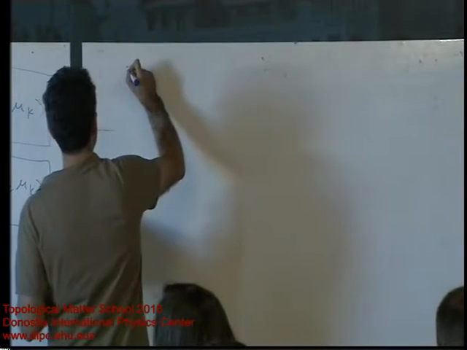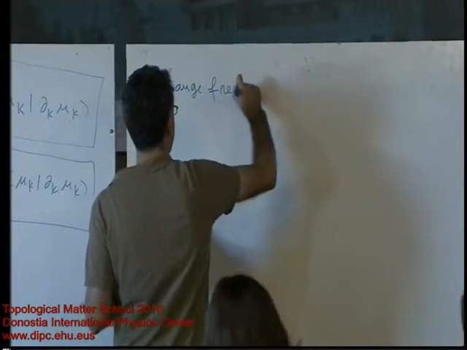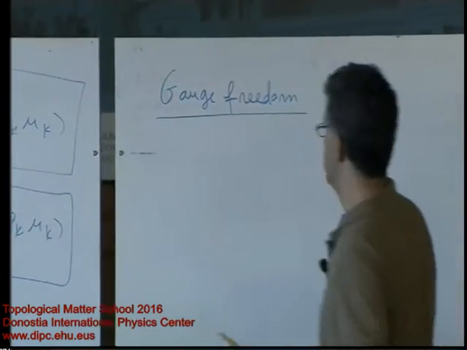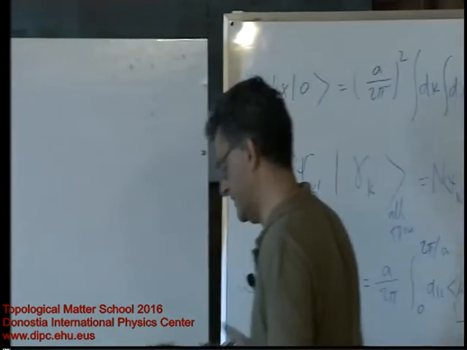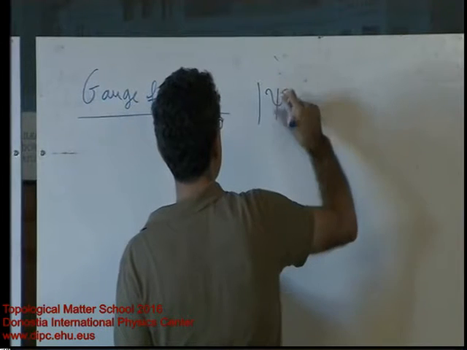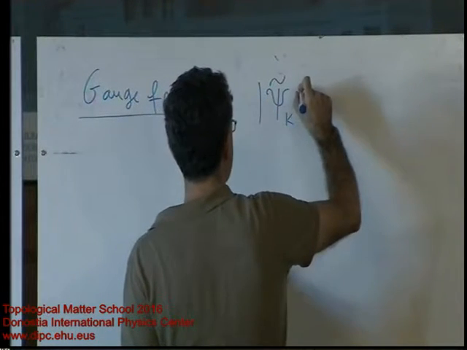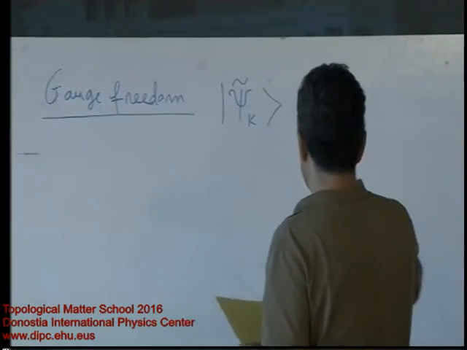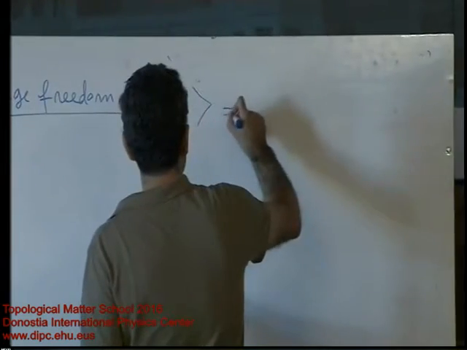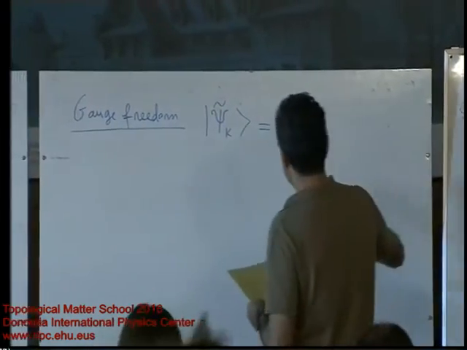So I guess the technical name is gauge freedom, although this is not gauge in the electromagnetic sense, but in a different sense. But so let's say that I solved my diagonalization problem yesterday, and I got the wave function, and then I did it today on a different computer, and we're using different numerical routines, and it just came out with a different phase.